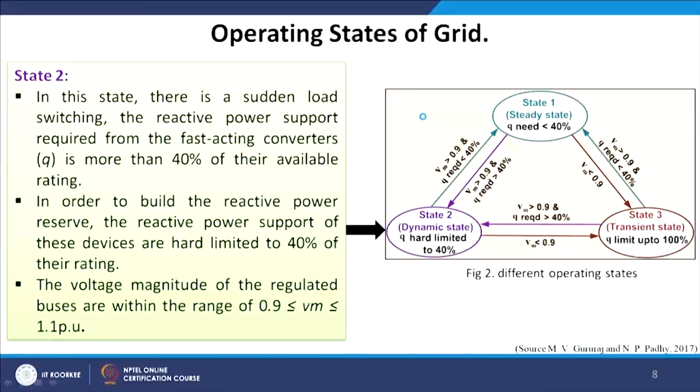In order to build the reactive power reserve, the reactive power support of these devices is hard limited to 40%. Okay, so we hard limit at 40%, whereas the bus voltage magnitudes are regulated between 0.9 to 1.1.